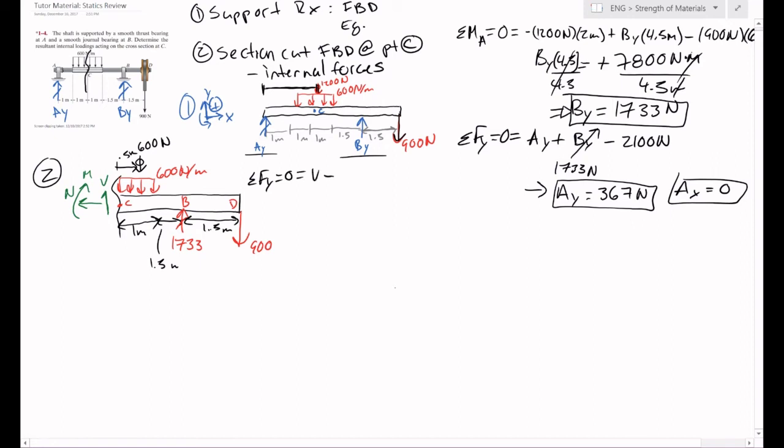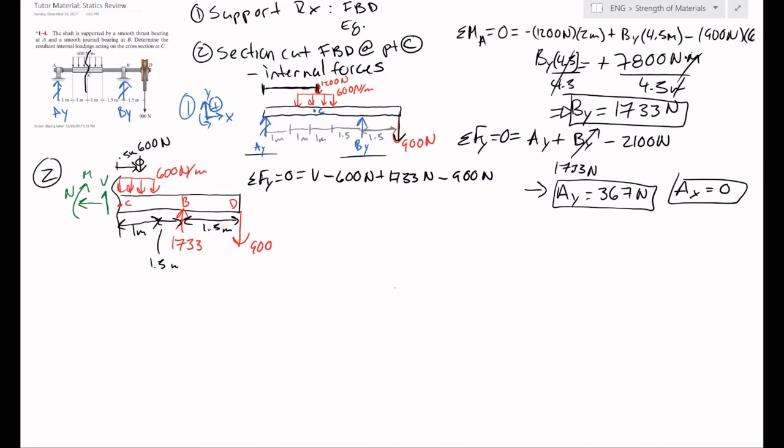We got V, got minus 600, don't forget our units, negative 600 newtons, positive 1,733 newtons, and another negative 900 newtons going down. Alright, so sum all those up.